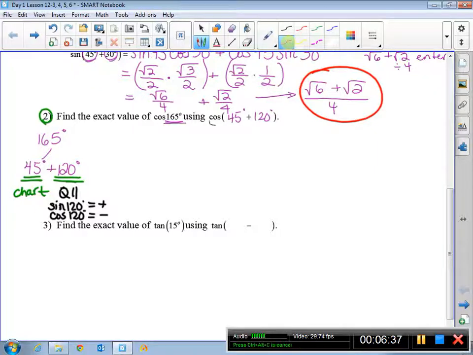So I'm using cosine of an angle plus an angle. Let's grab that formula, cosine of A plus B, from up above.